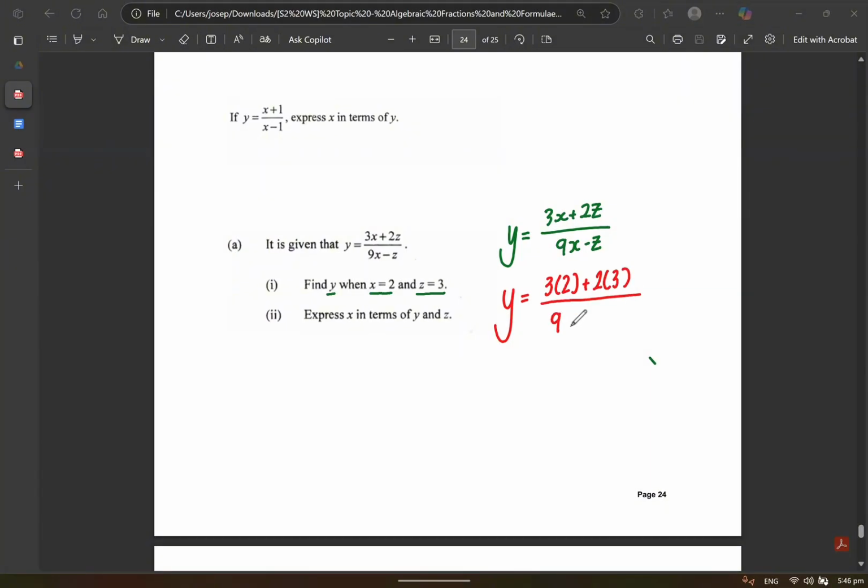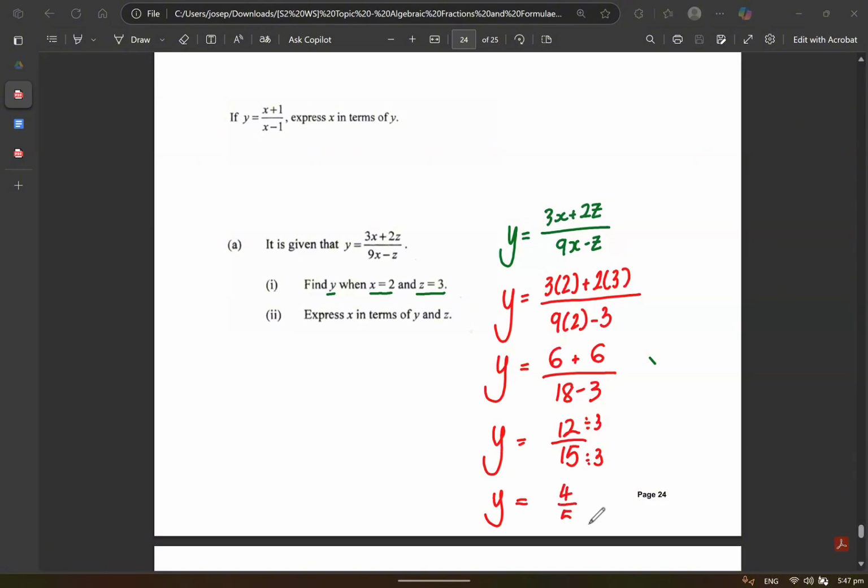When you sub it all in, 3 times 2 is 6, 2 times 3 is 6, 9 times 2 is 18, 18 minus 3. So y is equal to 12 over 15. You want to simplify it, so divide by 3 and you get 4 over 5. So y is equal to 4 over 5. That's for part I.